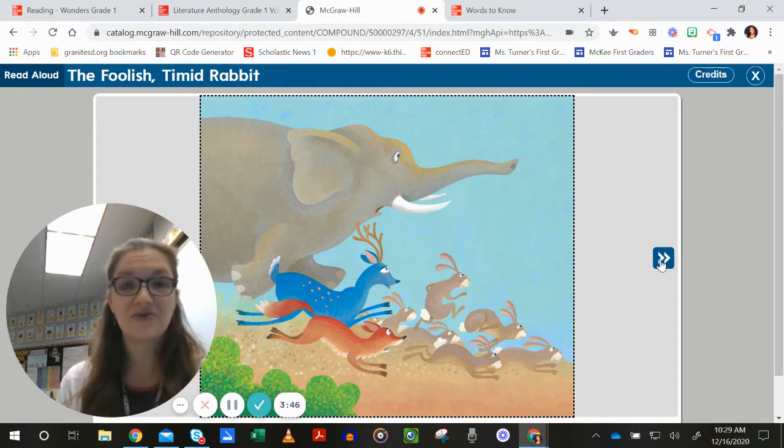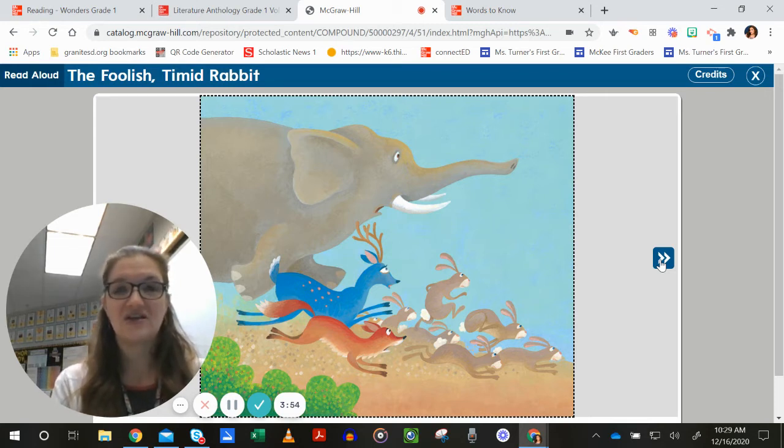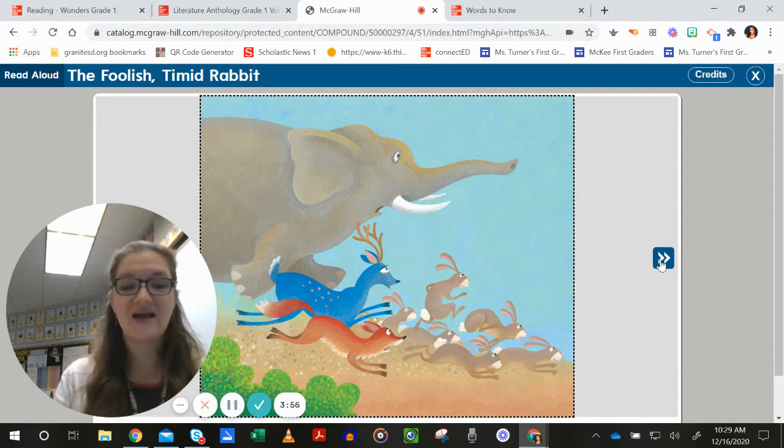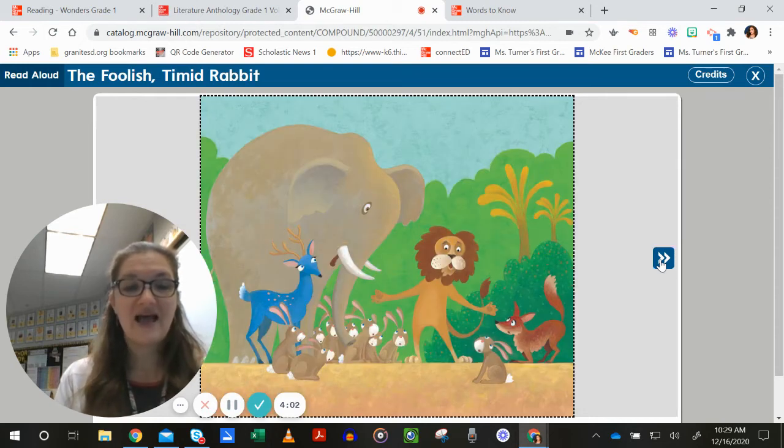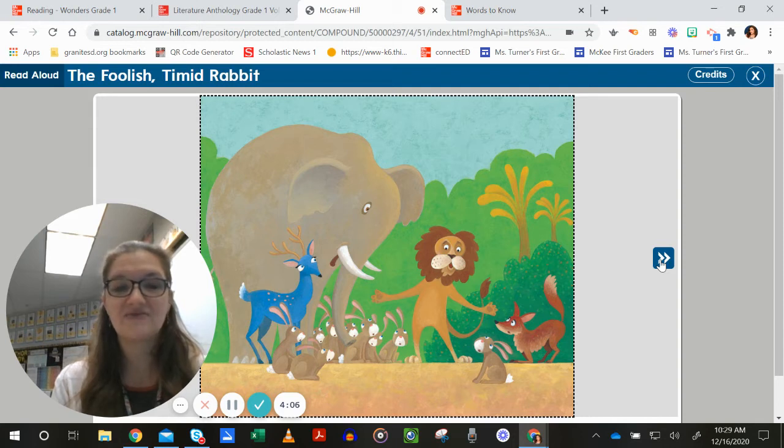Next, the fox saw a great big elephant. "Make haste! The earth is breaking up!" she called to the elephant. The ground shook as the enormous elephant ran behind the rabbits, the deer, and the fox. At last the wise king lion saw all the animals running.